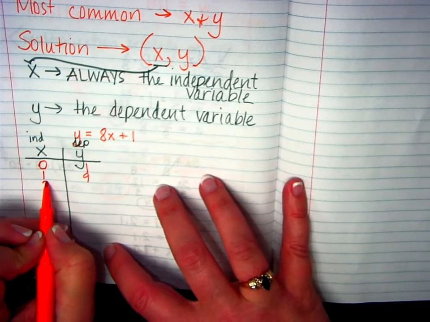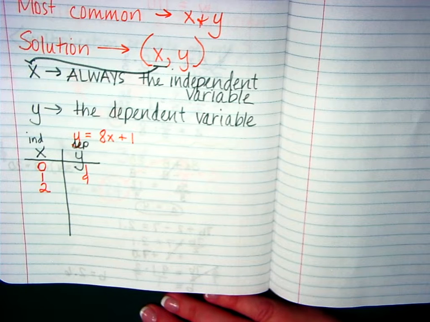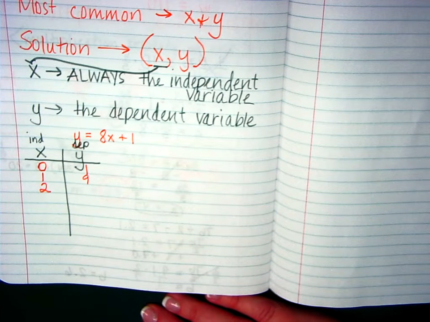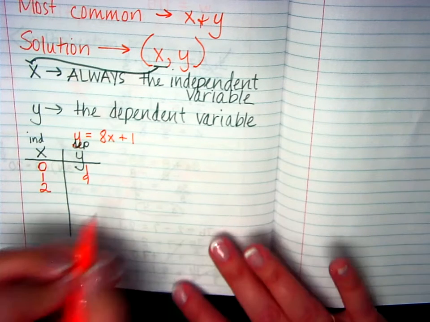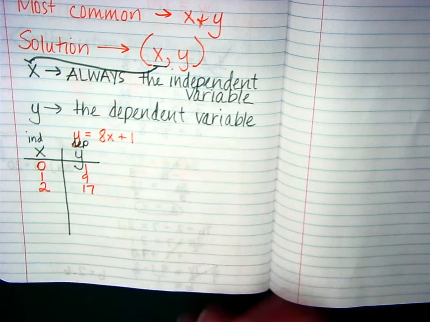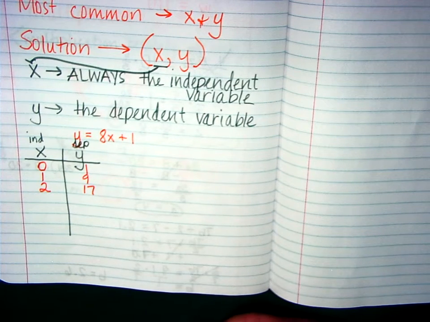So put a 2 in, and what do I get for y? 17. I'm hearing 17s all around the room. All right. Everybody's good so far?